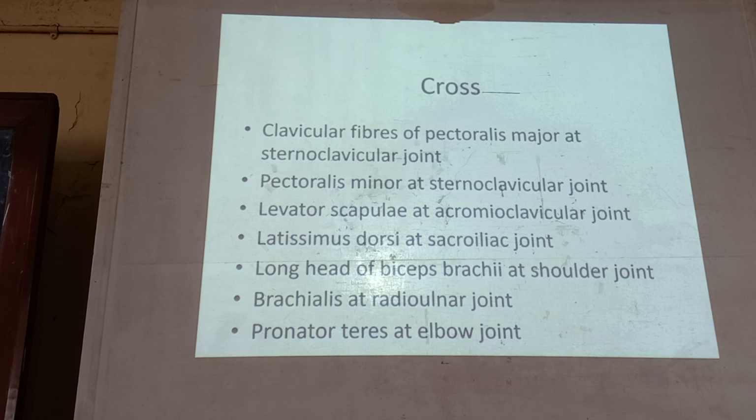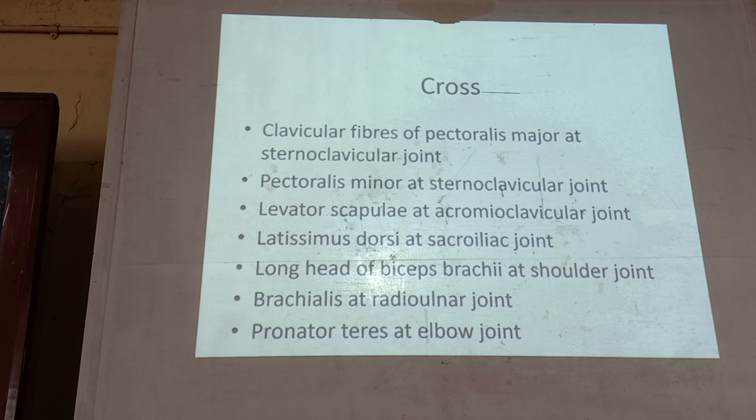Cervical vertebrae to thoracic vertebrae, thoracic vertebrae to ribs, ribs to sternum, sternum to clavicle, clavicle to scapula. All these joints are crossed by the small muscle levator scapulae: cervical joints, cervicothoracic joints, thoracocostal joints, costosternal joints, sternoclavicular joint, and acromioclavicular joint.